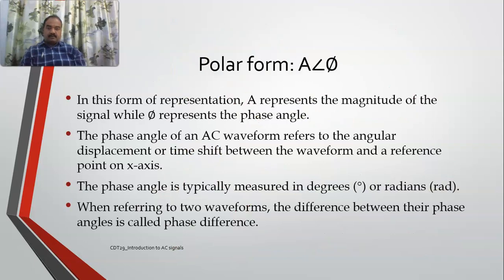Now, coming back to the representation of sinusoidal signals, sinusoidal signals are represented in two formats. One is polar, the other one is rectangular. Now, if I take the polar form, see, this is A at an angle of phi, where A represents a magnitude. In my case, it is Vm, and phi represents a phase angle, as I have already shown you in the previous one.